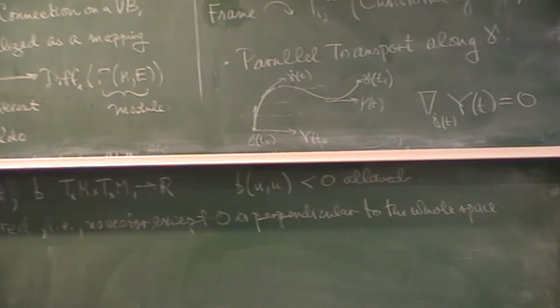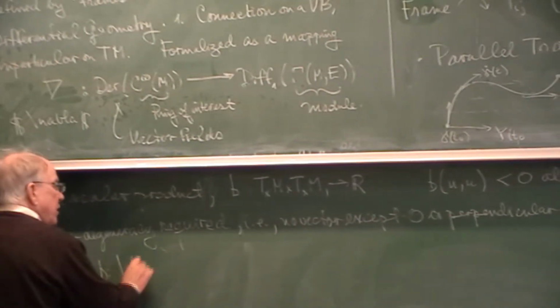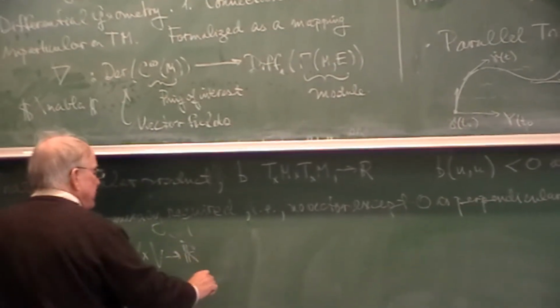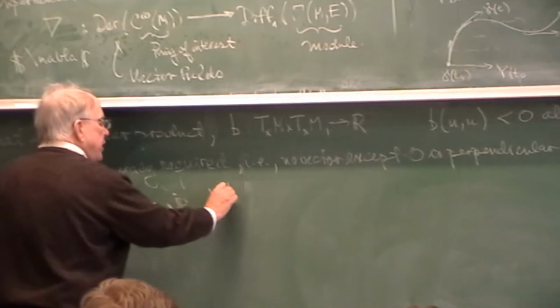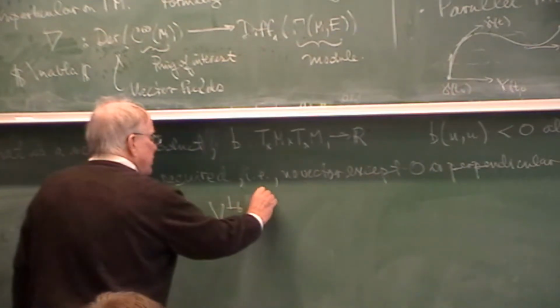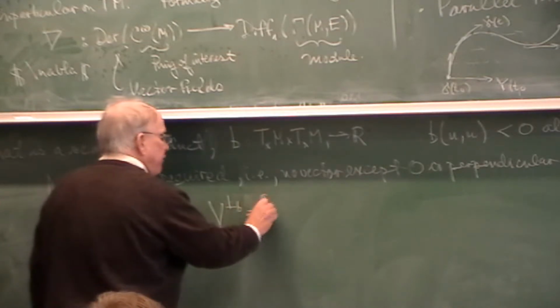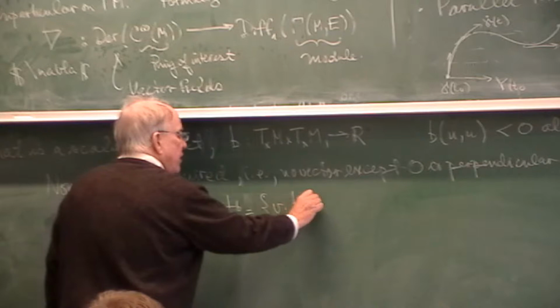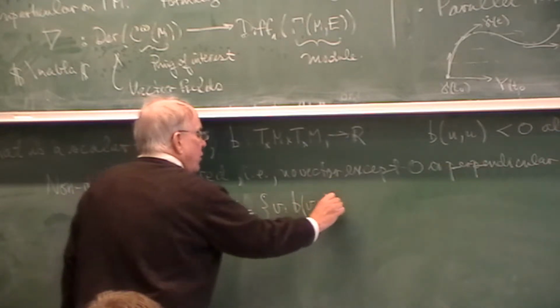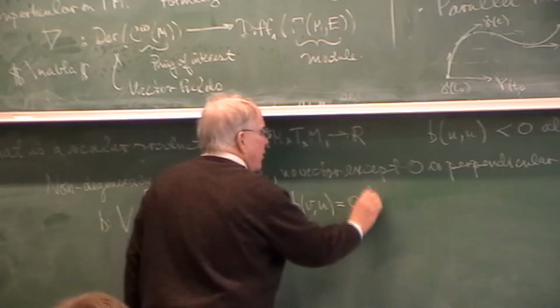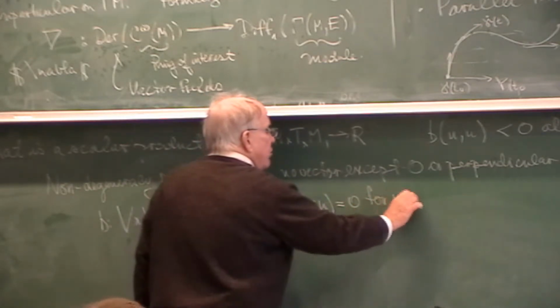So we have a vector space, we have a bilinear form on this vector space. I talked about the tangent space, it's a mapping to the real numbers. We look at the perpendicular with respect to V of this thing. These are the set of V such that this bilinear thing is 0 on the whole space, for U arbitrary.